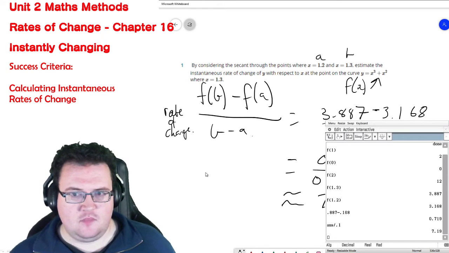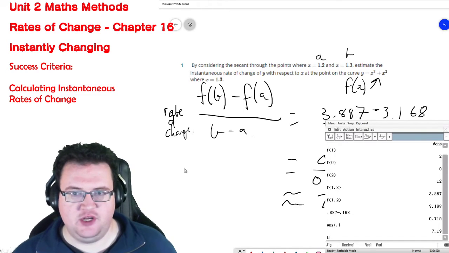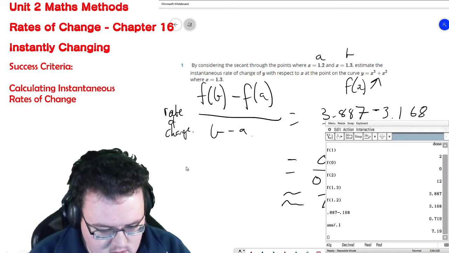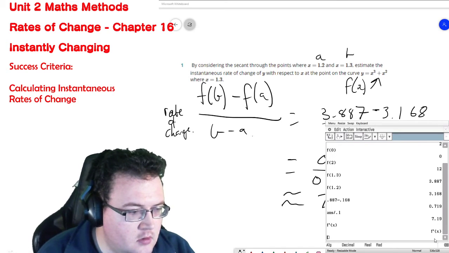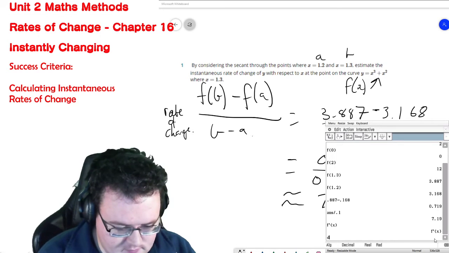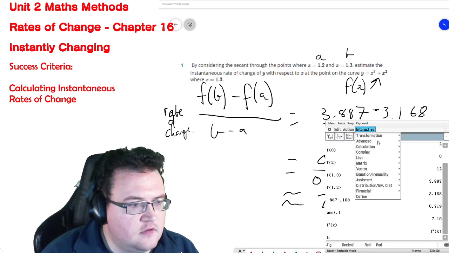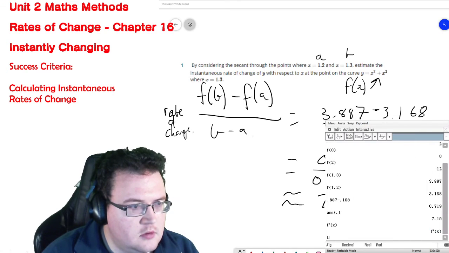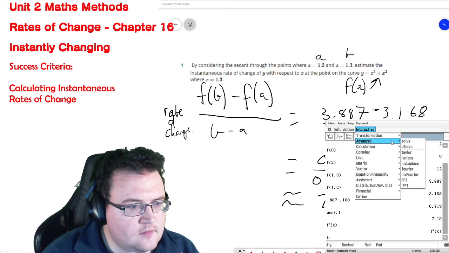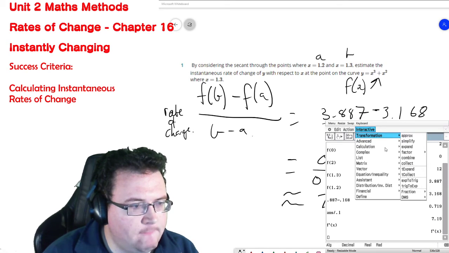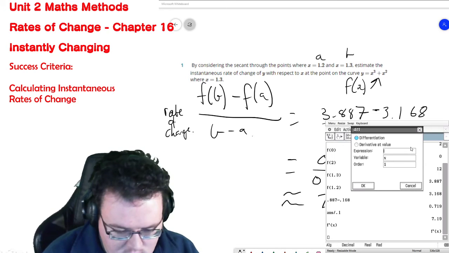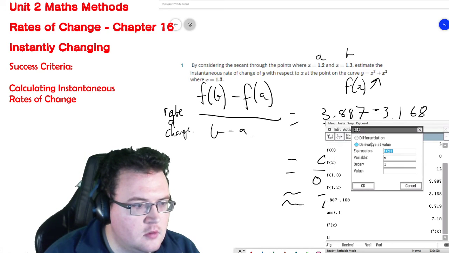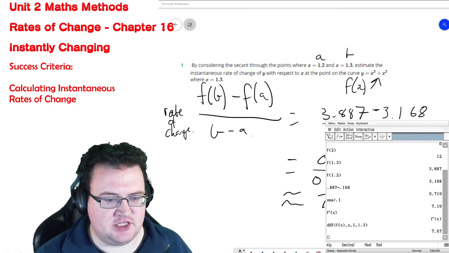For reference, the actual gradient at that point, the actual answer, is about 7.67.